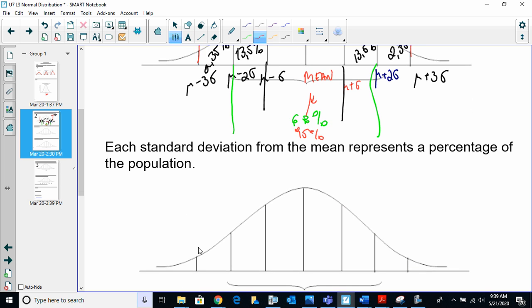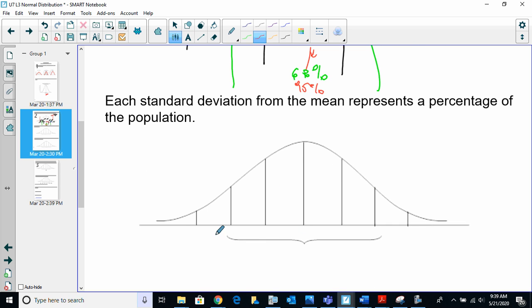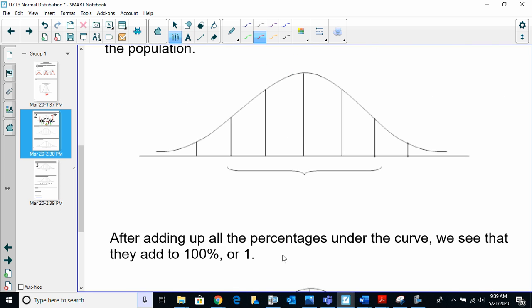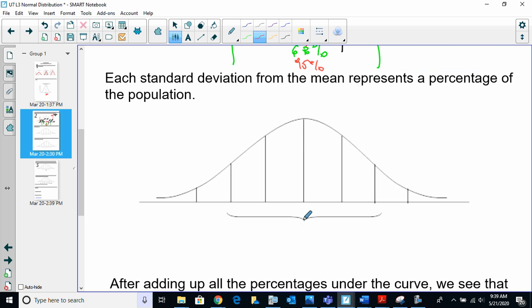Again, this is the same thing that we said. I can do it again. We'll have mean plus 1 standard deviation, mean plus 2 standard deviations, mean plus 3 standard deviations, mean minus 1 standard deviation, mean minus 2 standard deviations, mean minus 3 standard deviations.